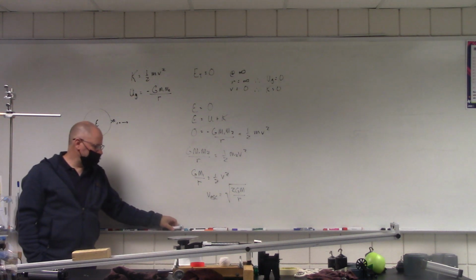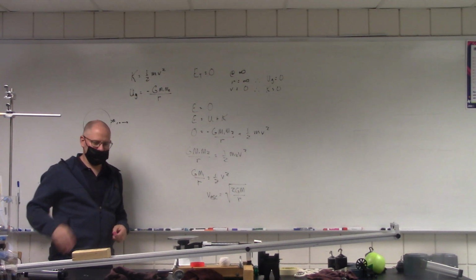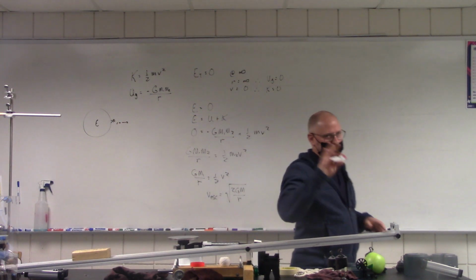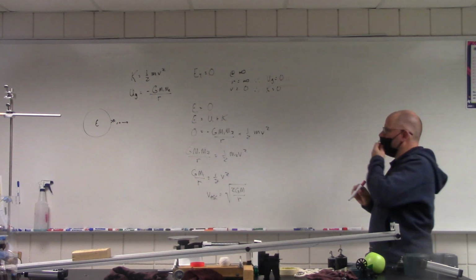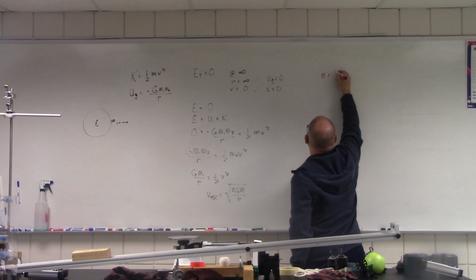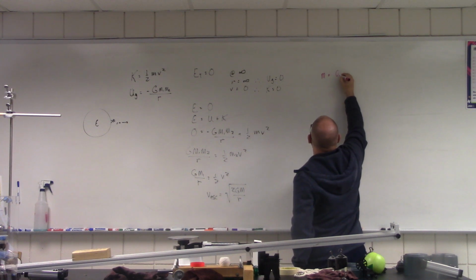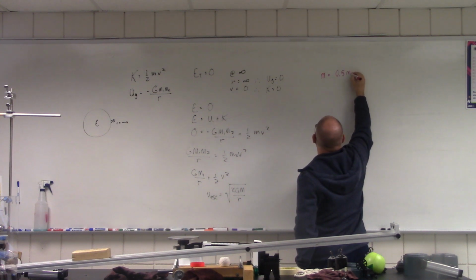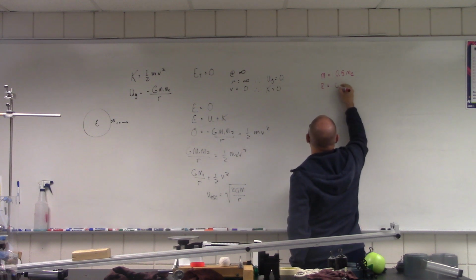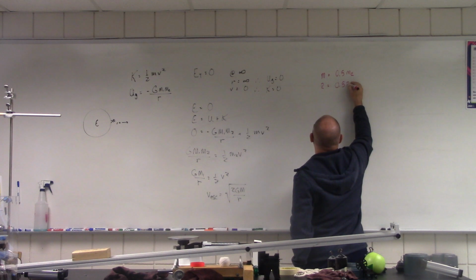Now, then we always get these questions, right? We always get these questions to say, look, there's a new planet, okay? New planet, where the mass of the new planet is equal to half the mass of the Earth. And the radius of the new planet is also equal to half the radius of the Earth.